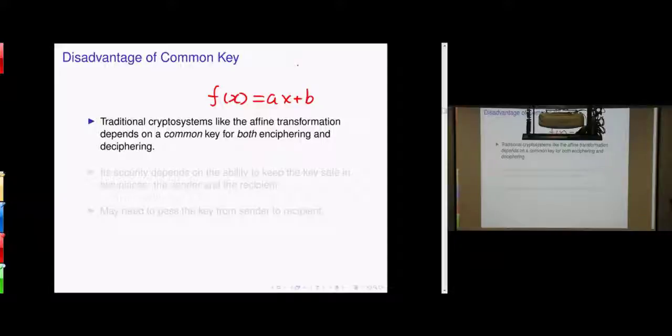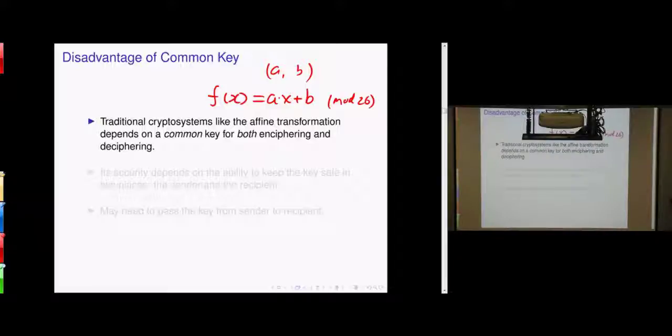For example, you want to do modulo 26. So you choose a and b, and this will be the key. I give you a letter, you change the letter into some number, and then you calculate f of that number modulo 26. That is the message you send to the other party.